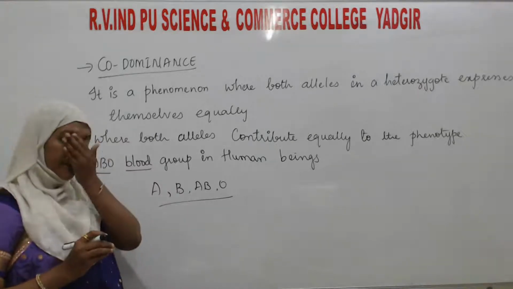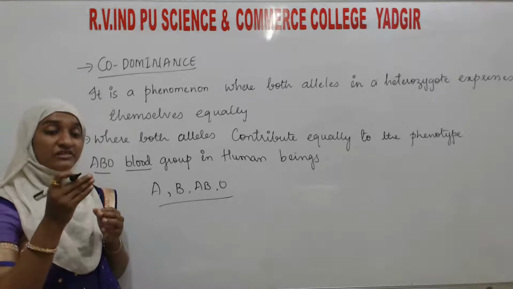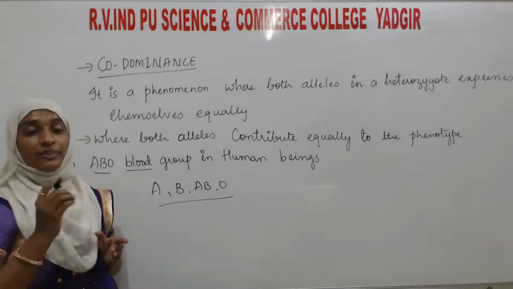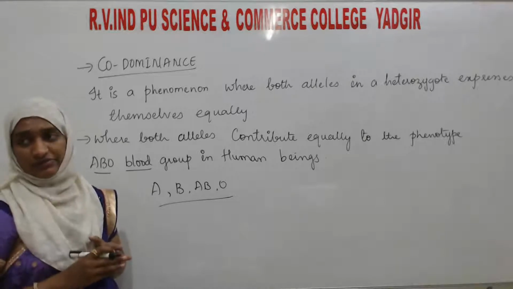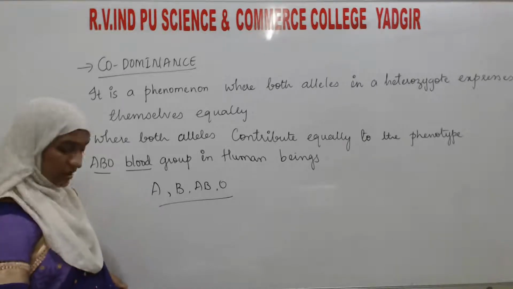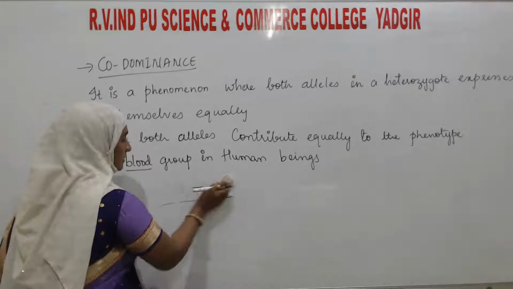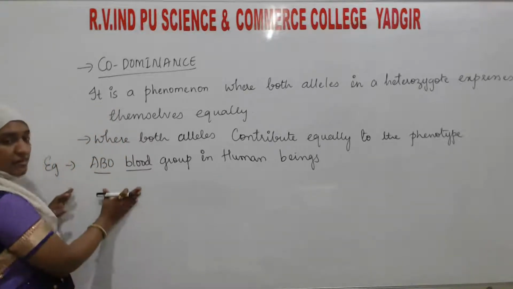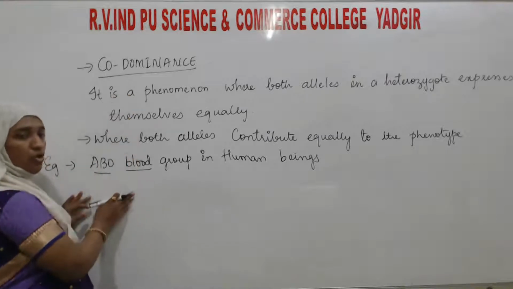So here, who is responsible for these different types of blood groups in human beings? It is the different types of RBC. This is the example taken for codominance.